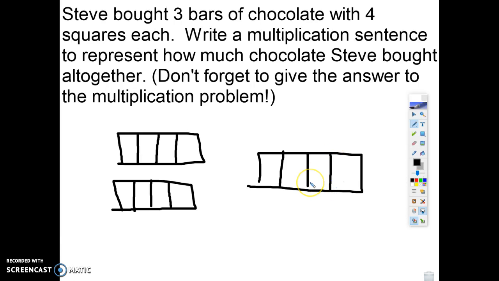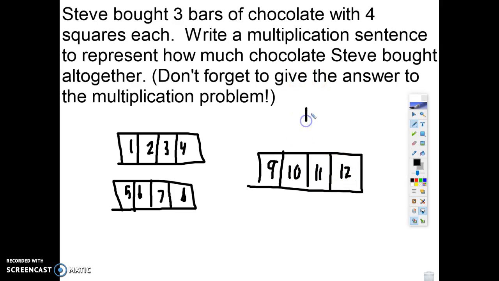Okay, so now I have my picture down, and now I just need to figure out how many squares he has in all. So I have 1, 2, 3, 4, 5, 6, 7, 8, 9, 10, 11, and 12.